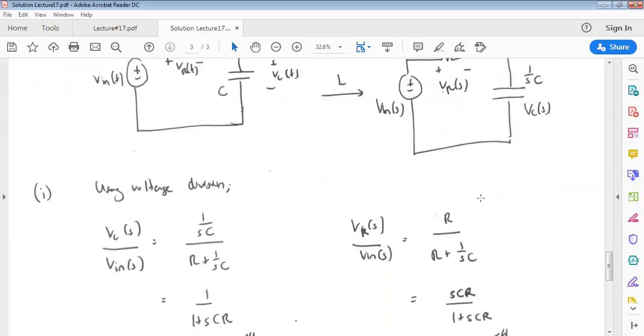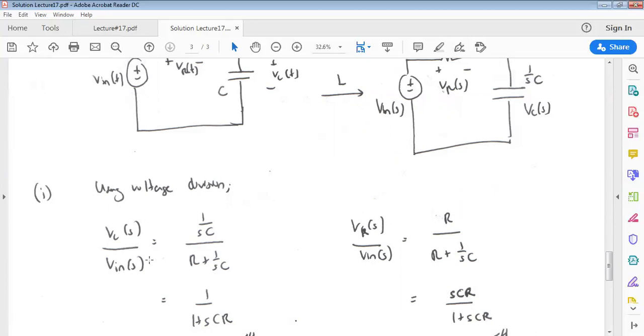Right, so let's obtain the transfer function for both cases. First we go for the transfer function H_C(s), which is the voltage across the capacitor over the input voltage. We are going to use voltage division.